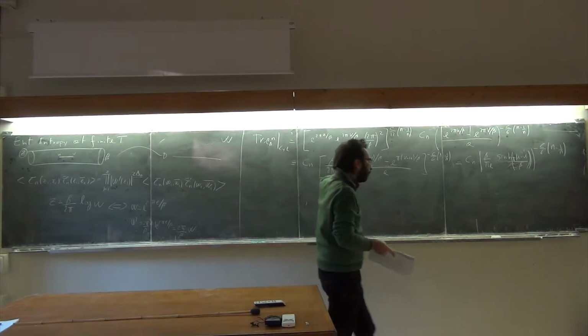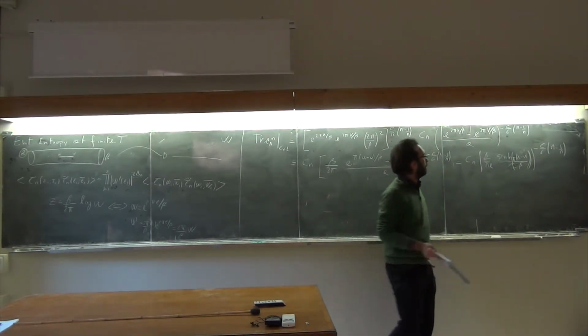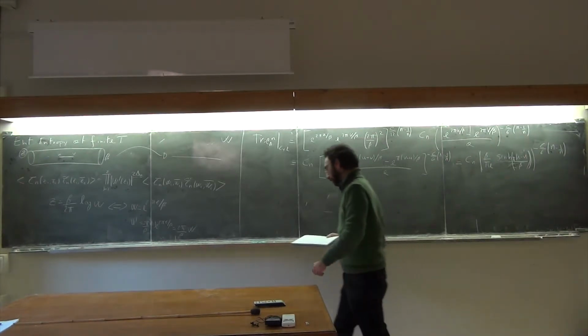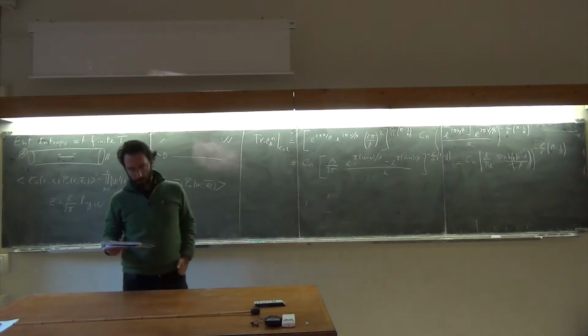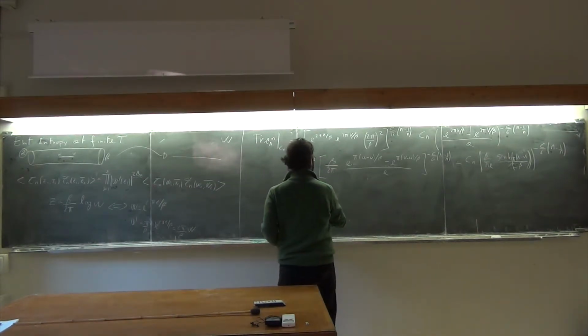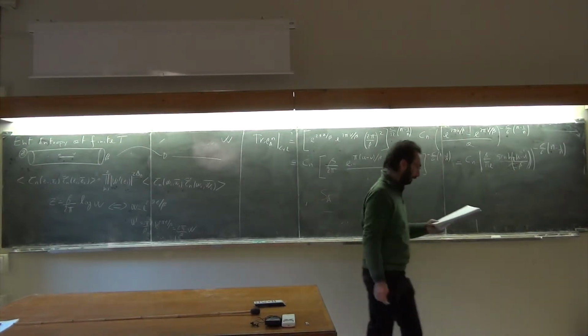So this simple formula gives you the trace of rho to the n, that again depends on n only through this factor, so we can repeat exactly the same game as before for the analytic continuation. If we do it, we obtain exactly the same function with a different argument of the logarithm.